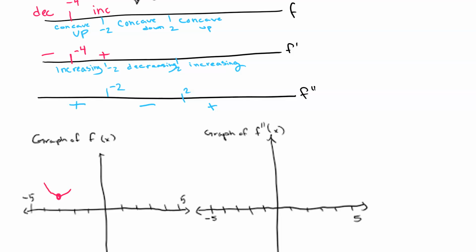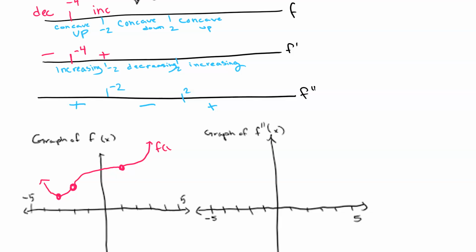It's concave up until -2. So at -2, we have another point. We're still increasing, but now we're concave down until we get to 2. And at 2, we're continuing to increase, but we switch to concave up.